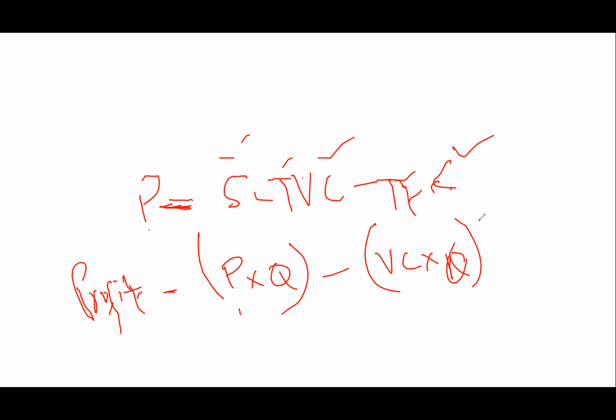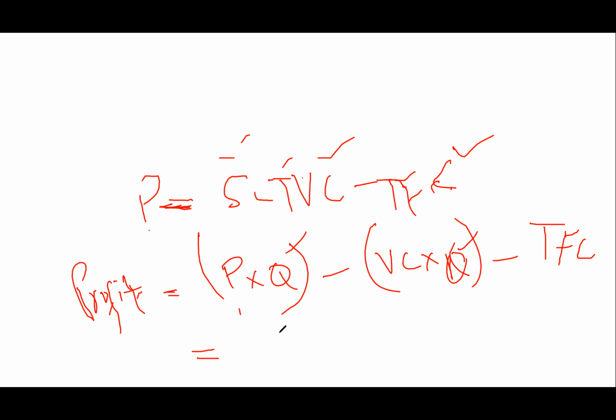So that's why we can just easily remember that one. This is total fixed cost, right? So if you see here, we have Q and Q common here.